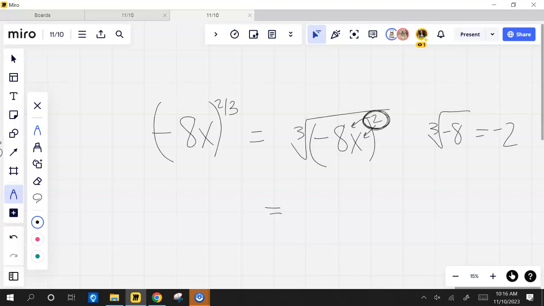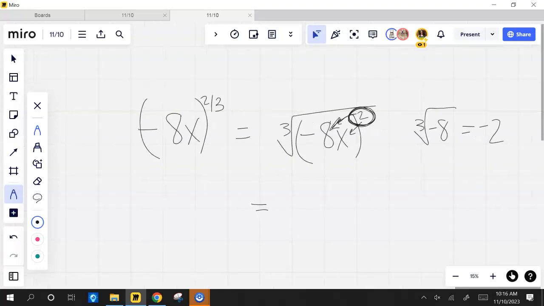But then it's got this exponent of 2 on it that I also have to take into account. It doesn't matter. And watch what happens. If I do it this way and then I square it, I get 4. If I square it first, I would have the cube root of 64. What's the cube root of 64? 4 times 4 times 4 is 64, right?